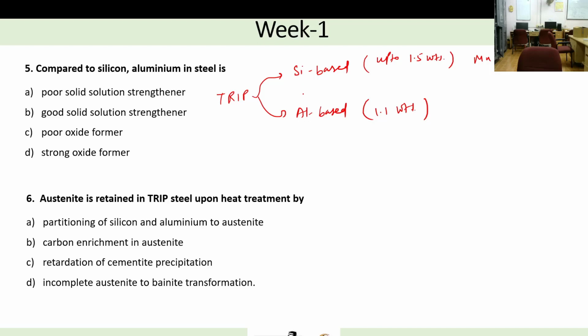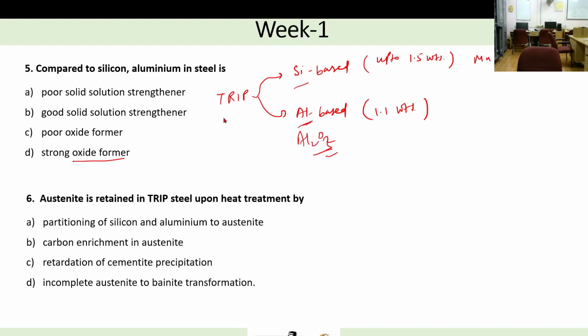But both will have different magnitudes of effect. If you compare, aluminum will have a very high tendency to form oxide compared to silicon. Aluminum will immediately form aluminum oxide, Al2O3, when you add it into the microstructure.